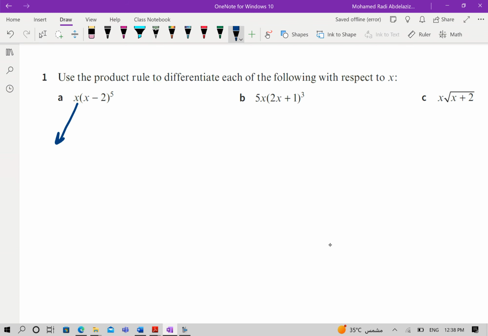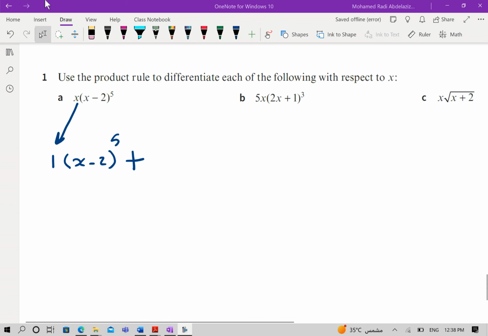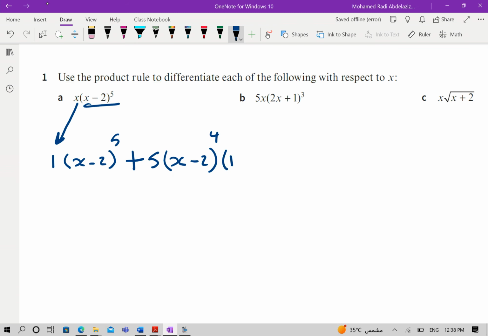Differentiation of first is 1 multiplied by second, plus differentiation of second will be 5x minus 2 to the power 4, multiplied by 1, the derivative of the bracket, but it's okay, no need, I just remind you, multiplied by x, which is first.